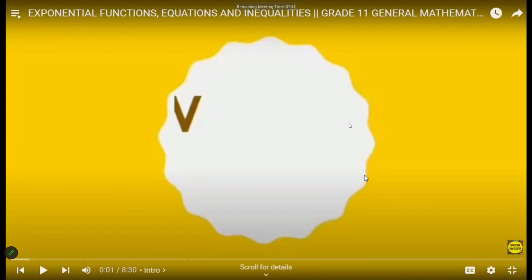F of x is equal to b raised to x, where b is greater than 0 and b is not equal to 1. Very good. That should be complete.